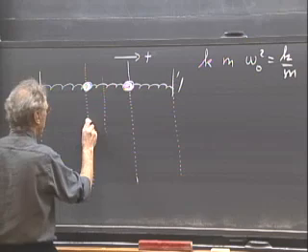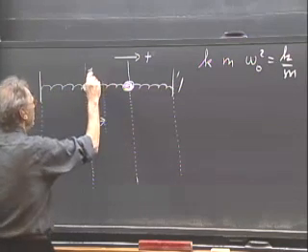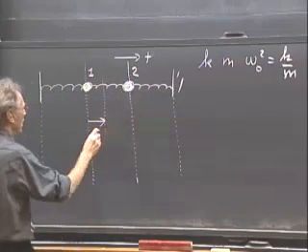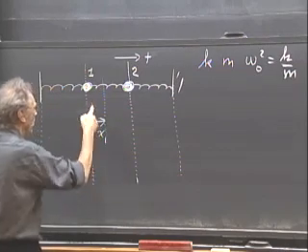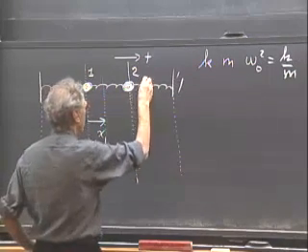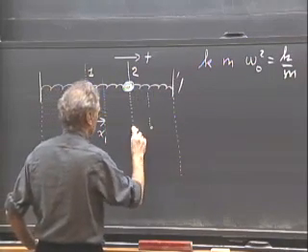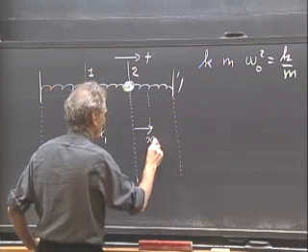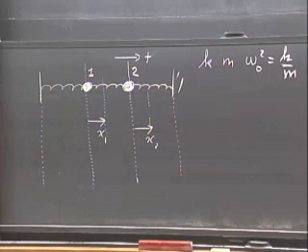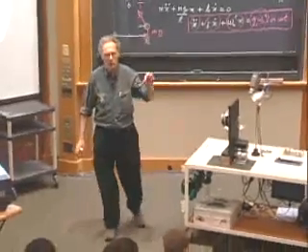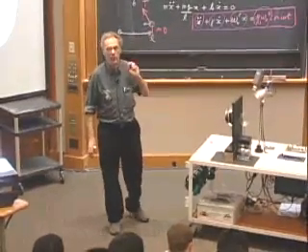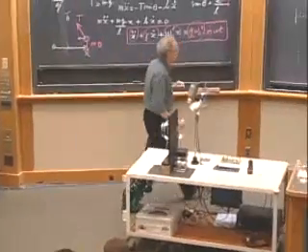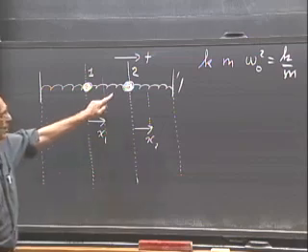And so this is object number 1, and this is object number 2. This is now a distance x1 away from equilibrium, and this one is now at a position x2 away from its equilibrium. You always want to know what the displacement is relative to its own equilibrium. And its own equilibrium for 1 is here, and the equilibrium for 2 is there.